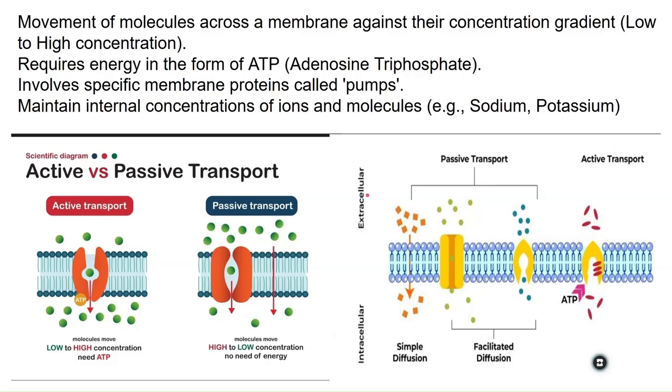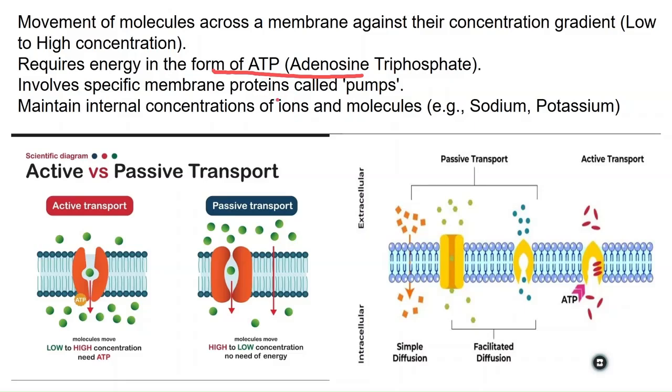As we have learned, this movement requires a lot of energy, and naturally the energy comes in the form of ATP, that is adenosine triphosphate. Whenever substances are moving against the concentration gradient, ATP is required, right?